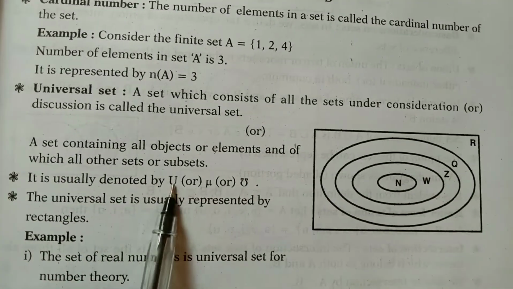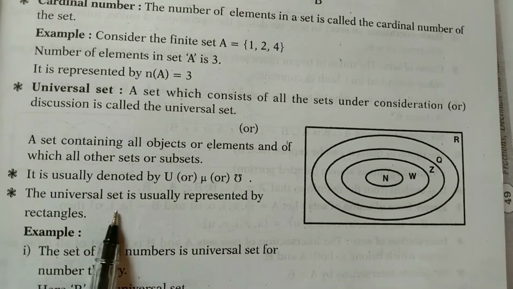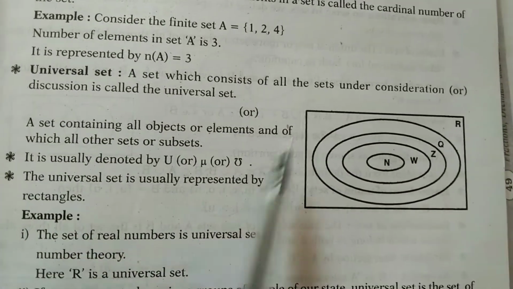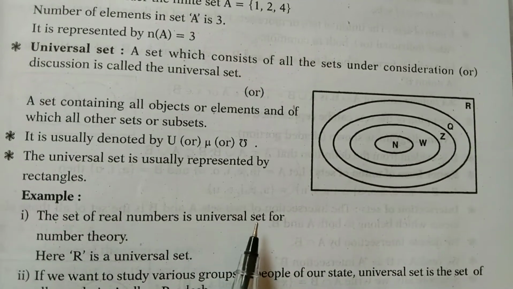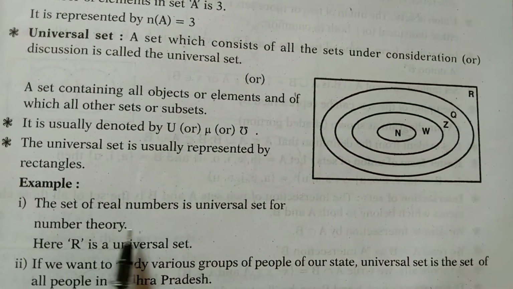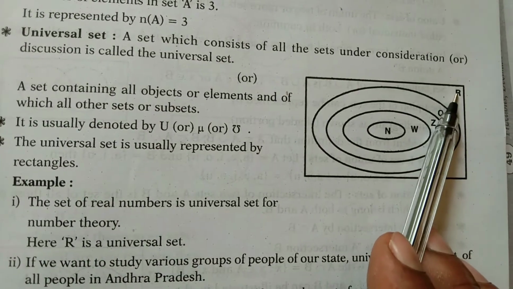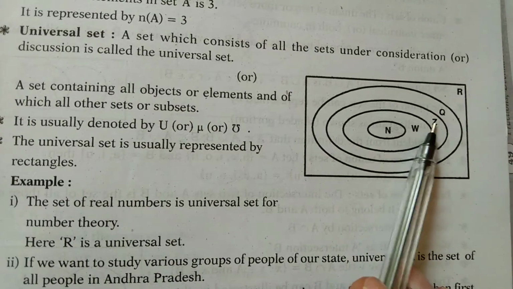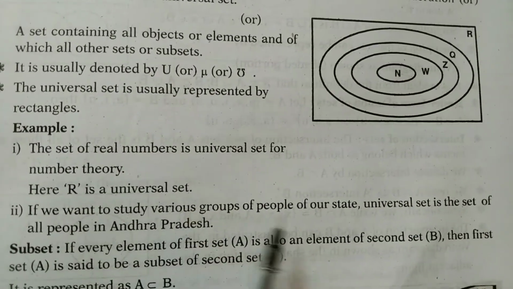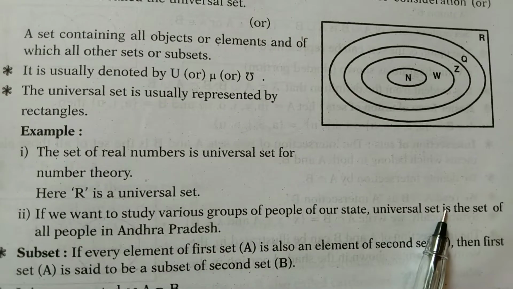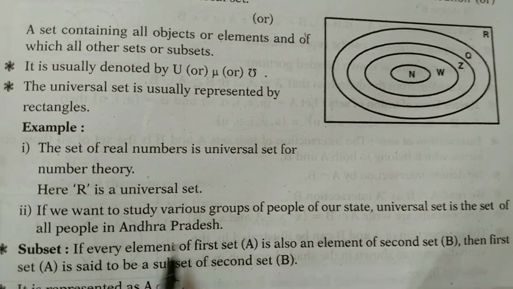It is usually denoted by mu or U. The universal set is usually represented by rectangles. The set of real numbers is a universal set for number theory. Here R is the universal set, which includes natural numbers, whole numbers, integers and rational numbers. If we want to study various groups of people of our state, the universal set is the set of all people in Andhra Pradesh or Telangana.